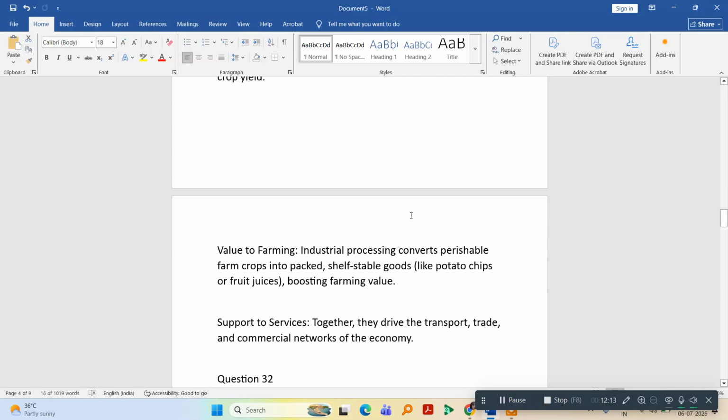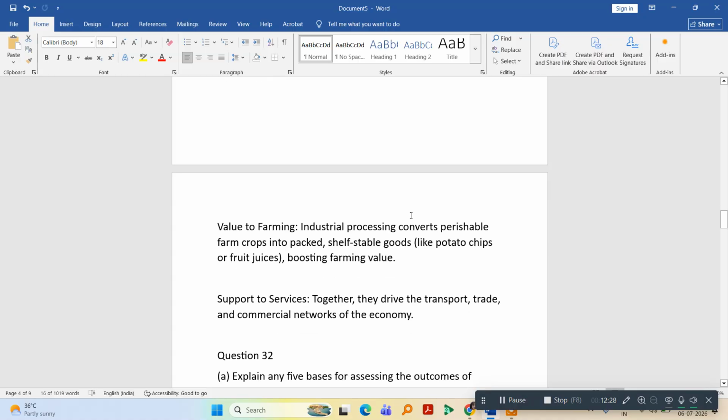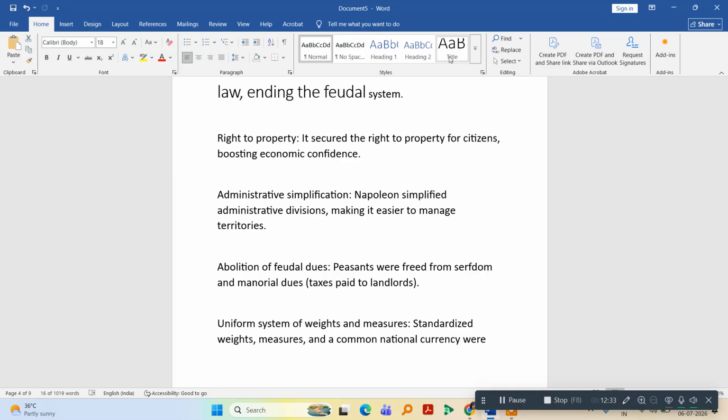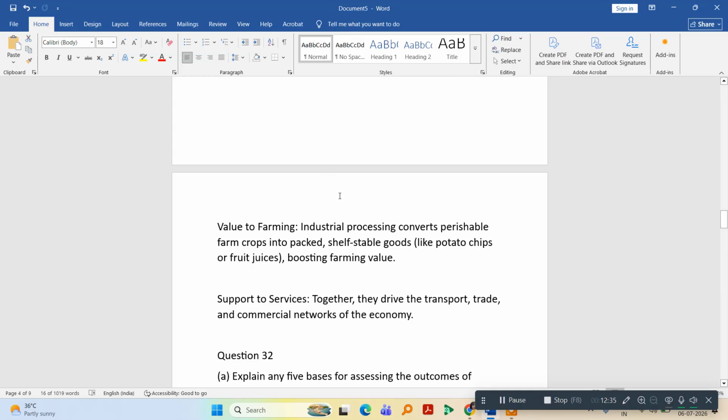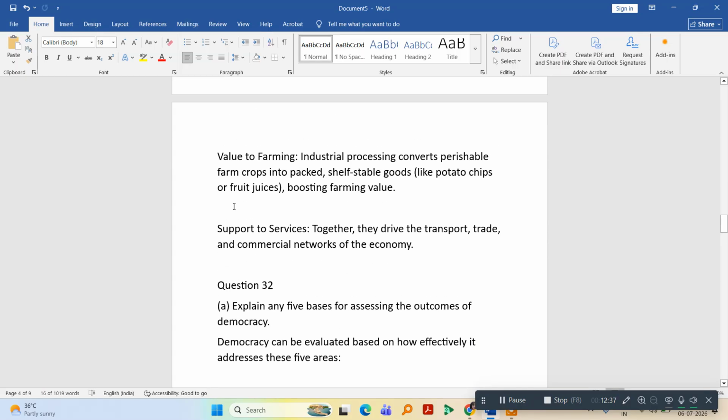Value to farming. Industrial processing converts perishable crops, goods that are likely to get damaged, into packed shelf-stable goods like potato chips or fruit juices, boosting farming value.